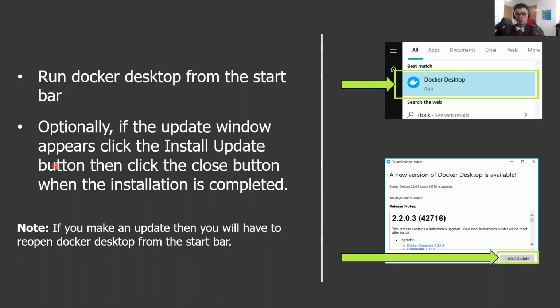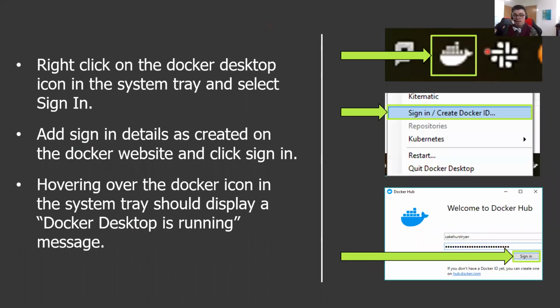And when you do load it up, what you'll see is a little Docker icon in your system tray like this. And then if you right click it, there'll be a sign in or create Docker ID. It'll pop up a little window like this, and you'll be able to sign in.